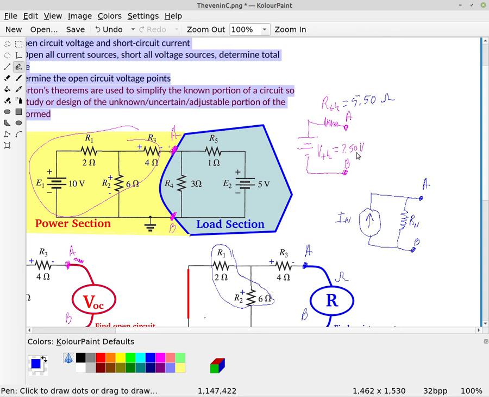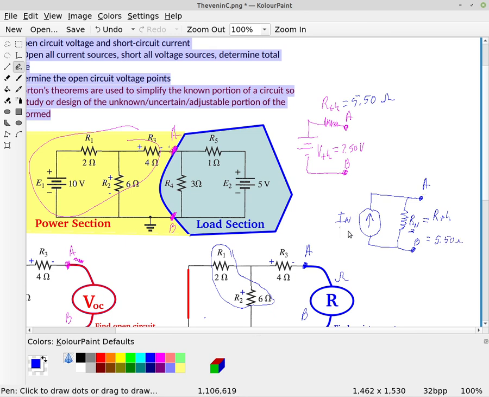Norton's theorem is simply a source conversion. We've already talked about source conversions, and we know we can go between a voltage source with a series resistor and a current source with a parallel resistance. The resistance actually doesn't change. So Norton's resistance is equivalent to Thevenin's resistance, which in this example would be 5.50 ohms.